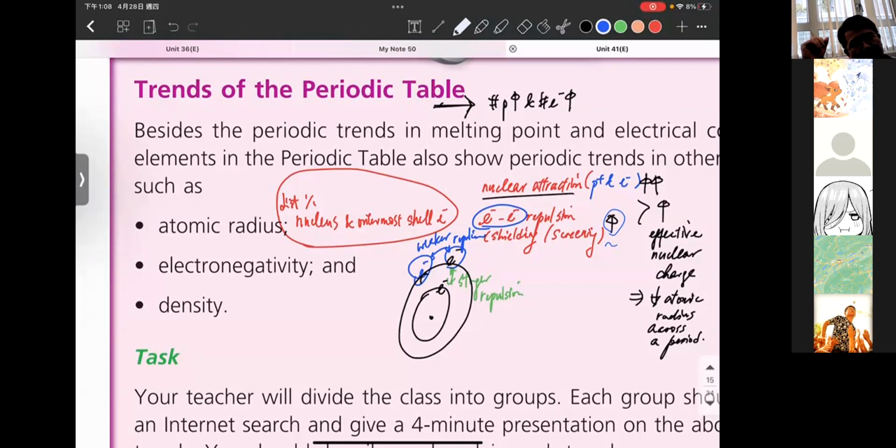Some people say that. But to me, adding outermost shell electrons into the same outermost shell will also contribute larger shielding, but that so-called larger is not so significant. Do you understand? So we call it effective nuclear charge. It is more obvious when you add one more proton and one more electron, we experience a stronger nuclear attraction, the attraction between the nucleus and the outermost shell. Understood?